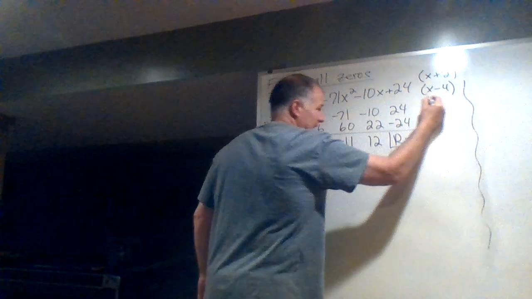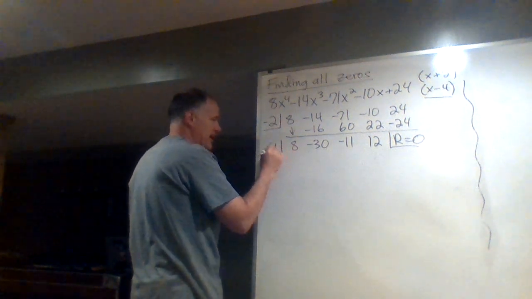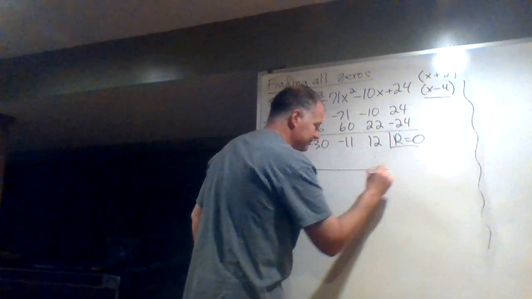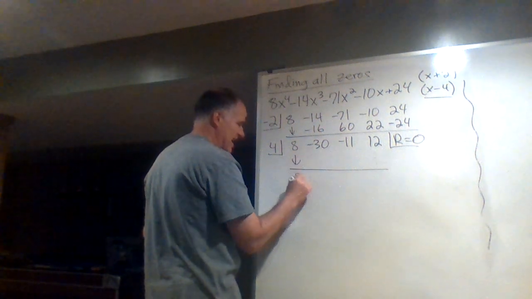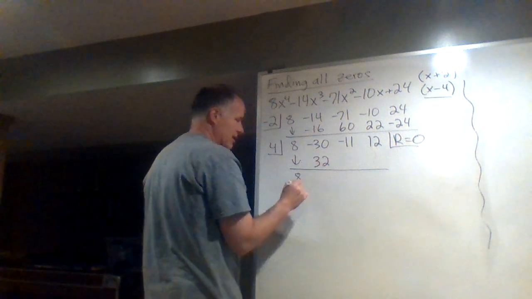Now we're going to take our second factor, which is x minus 4. But remember, inside the box, it'll be a positive 4. We'll do synthetic division here. Okay, so 8 comes down. 4 times 8, 32.